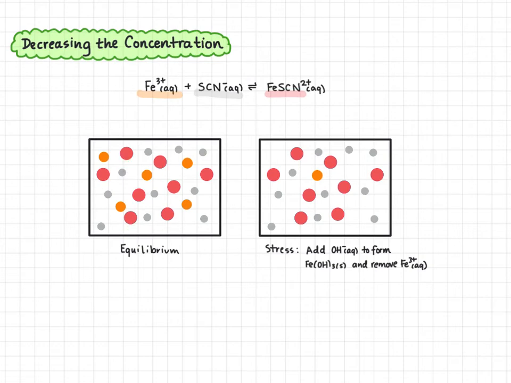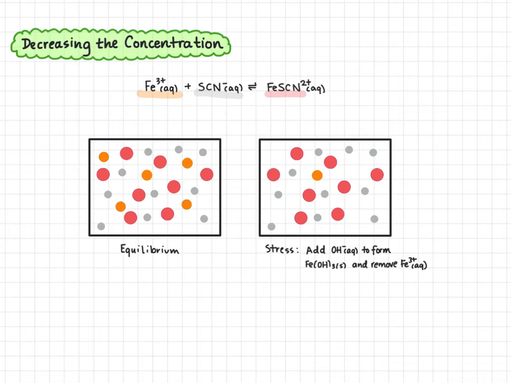The stress we're going to impose on this equilibrium system is the addition of hydroxide ions. Hydroxide ions are not present in our original equilibrium. Hydroxide ions will precipitate out iron 3 hydroxide, and this is going to remove iron 3+ from the solution.